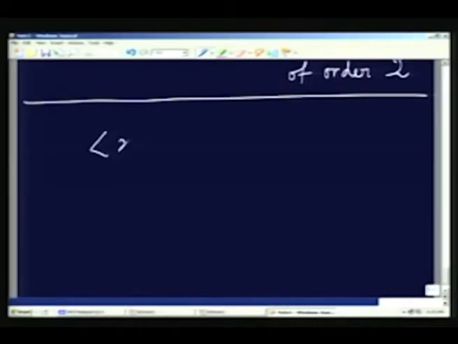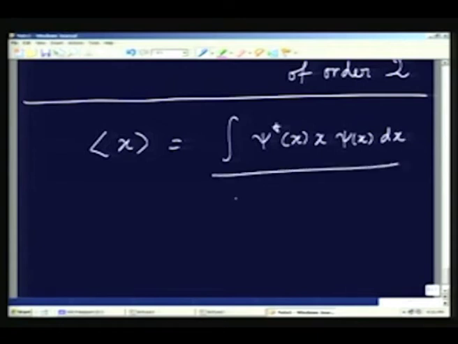For the position average, the formula, if you substitute, is the integral psi star x psi of x dx divided by the integral psi star x psi of x dx. Now we have to put all the integrals in the appropriate form.